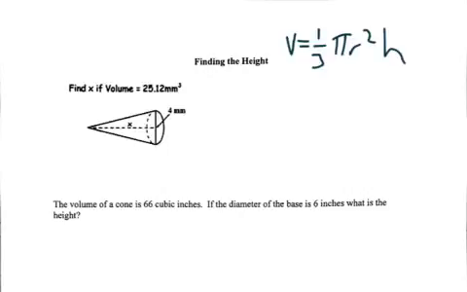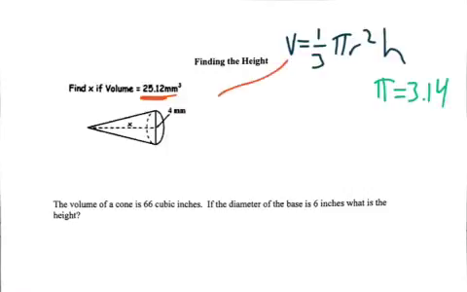Now, if they give me volume and there's no pi symbol in the volume, I'm going to use 3.14. So I'll write that over here. So pi equals 3.14. You'll see what I mean when we do another problem. So what is volume in this problem? Well, they're telling me that volume is 25.12.